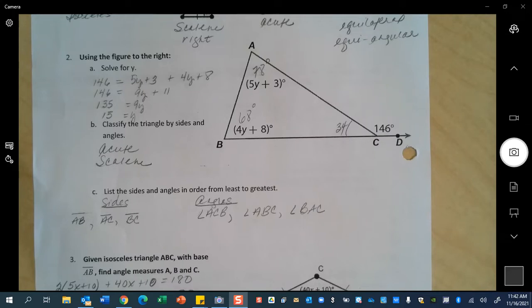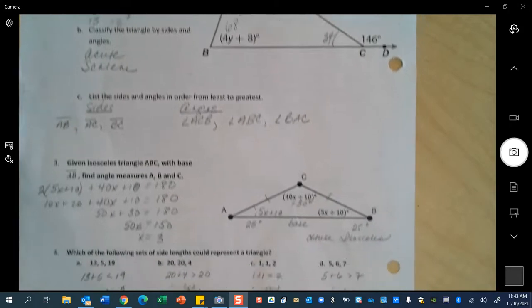That's fine. They're knowing this is supplementary, and then this plus this plus this has to equal 180. That'll still work. We just do a little bit more work. If you remember your exterior angle theorem, it saves you a couple steps in calculations. As an acute scalene triangle, and when I list my sides and angles in order, there we go.